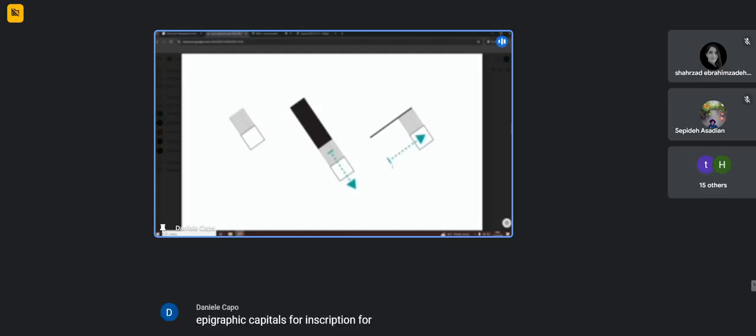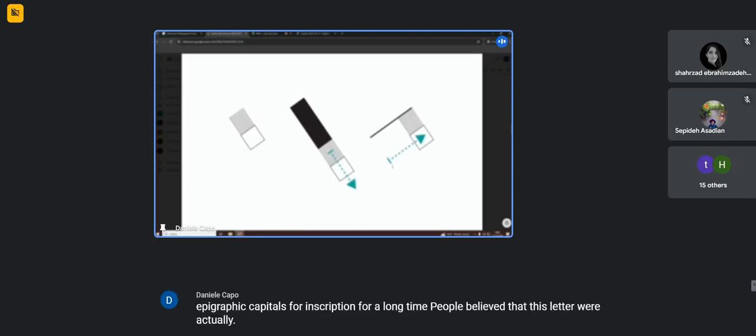For a long time, people believed that these letters were actually drawn on the stone using geometrical tools like a compass, a ruler, and so on.